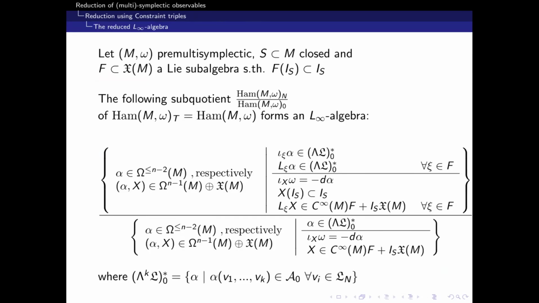And this is somehow what our reduction construction is about. We identify a subalgebra of the multisymplectic Lie-infinity algebra, and an ideal we can quotient out of it to get a new Lie-infinity algebra, which we call reduction.